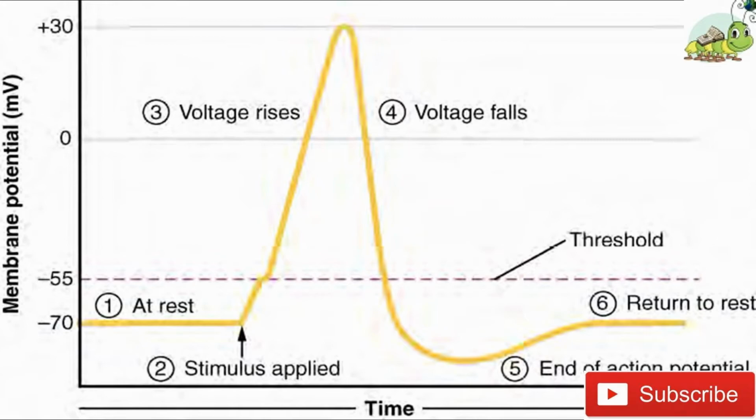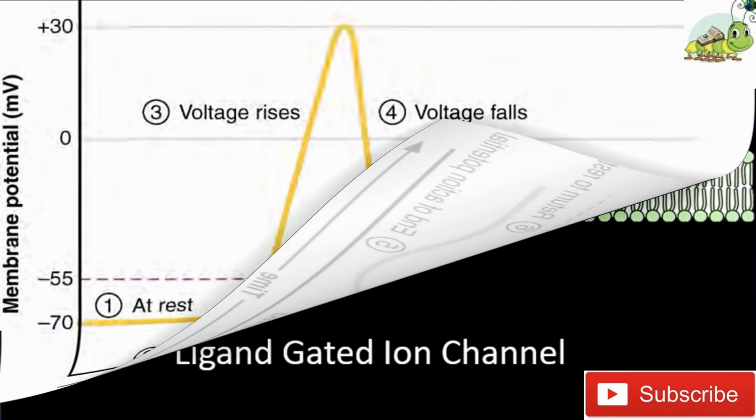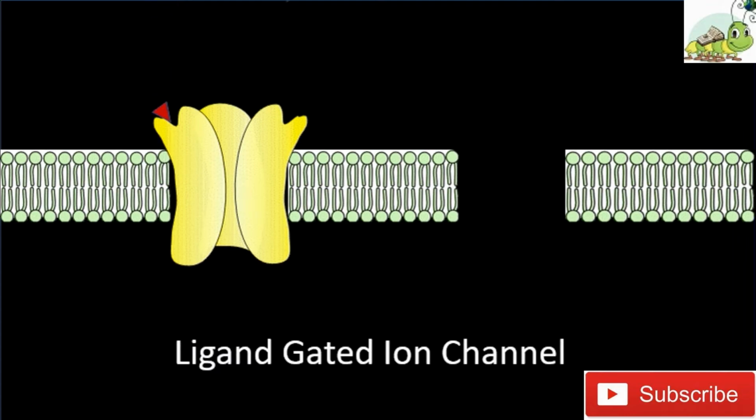As we have seen, the depolarization and repolarization of an action potential are dependent on two types of channels, the voltage-gated sodium ion channels and the voltage-gated potassium channel. The voltage-gated sodium channel actually has two gates. One is the activation gate, which opens when the membrane potential crosses -55 mV.